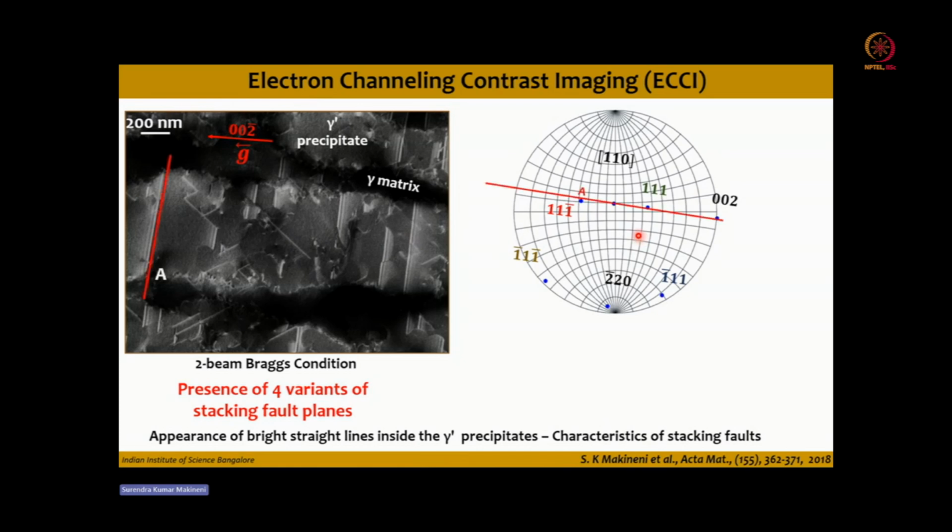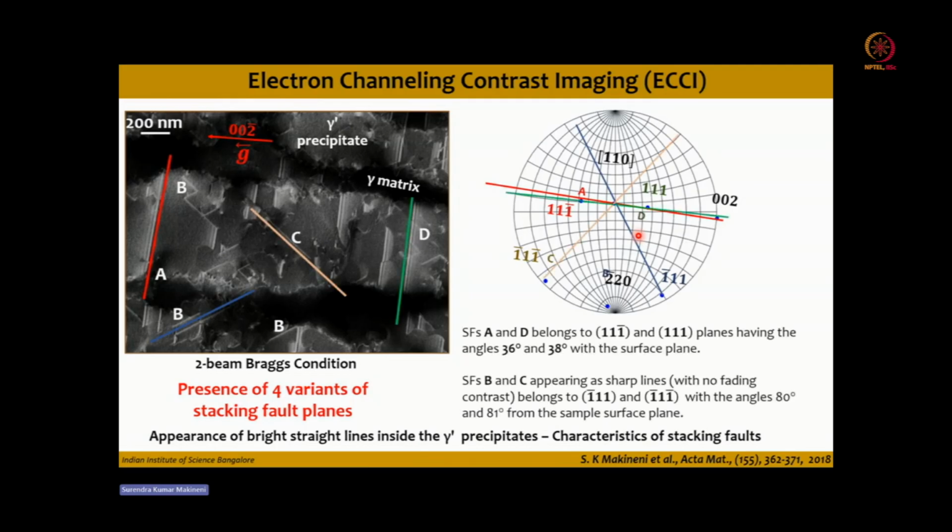If you see, there are four variants of stacking faults: A, B, C, and D. A and D show the bright-dark contrast, which is exactly similar to the dark contrast of the stacking fault that we see in a transmission electron microscope.